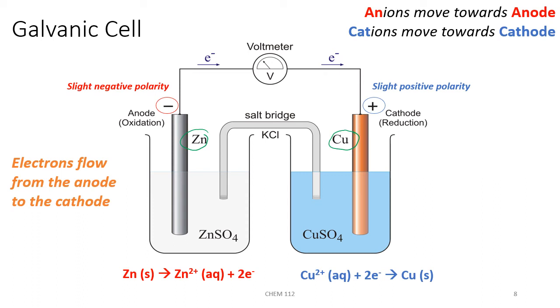Our zinc electrode is dipped into a zinc sulfate solution. So swimming around in here, we have zinc 2+ ions and sulfate ions. Our copper electrode is dipped into a copper sulfate solution. So swimming around in here, we have copper 2+ ions and sulfate ions, SO4 2-.